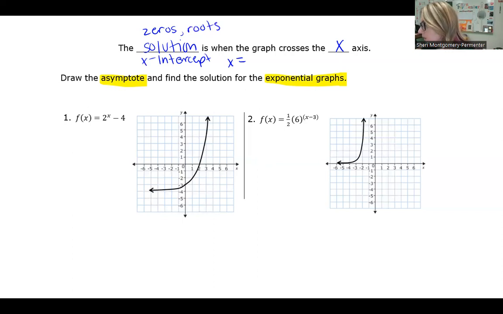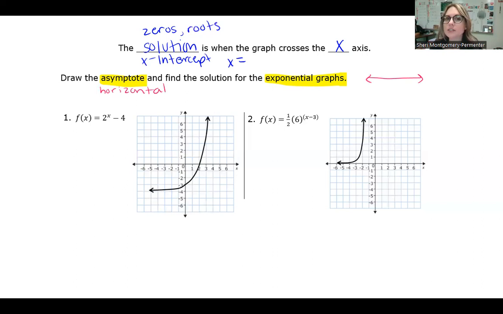Was it horizontal? Was it vertical? What did it look like? For the exponential graph, the one that's on the left, the asymptote is going to be like that, and it is horizontal. Every time we have an exponential graph, that asymptote will be horizontal.